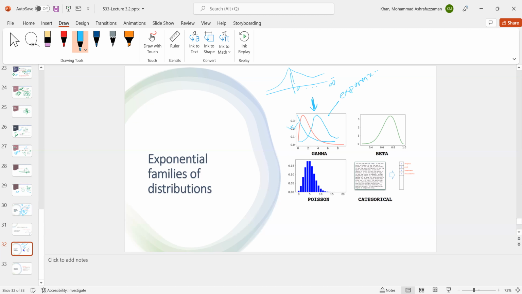Now maybe our data set is like that. It has values only in a certain range, for example 0 to 1, or maybe 2 to 3, or maybe 4 to 5. In that case, even gamma is an overkill, because gamma is defined for all the positive values. If our data set has a range from 0 to 1, we better use distributions like beta.